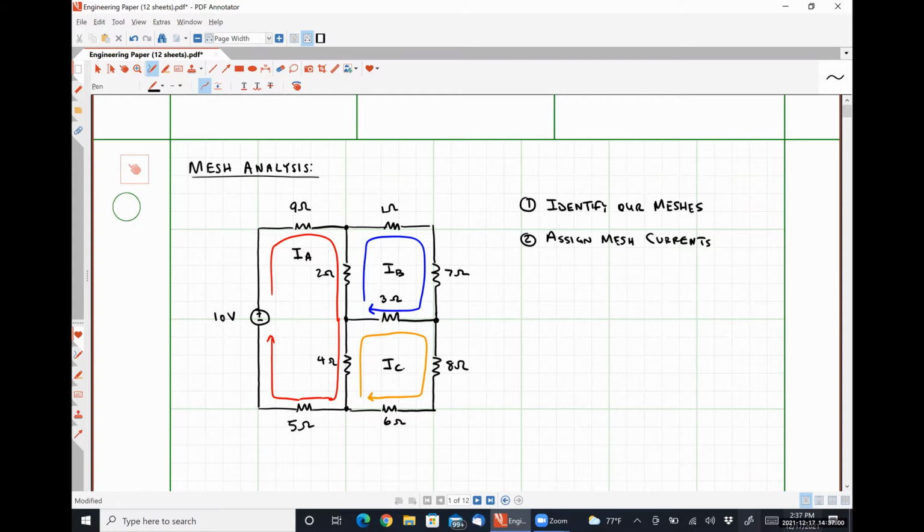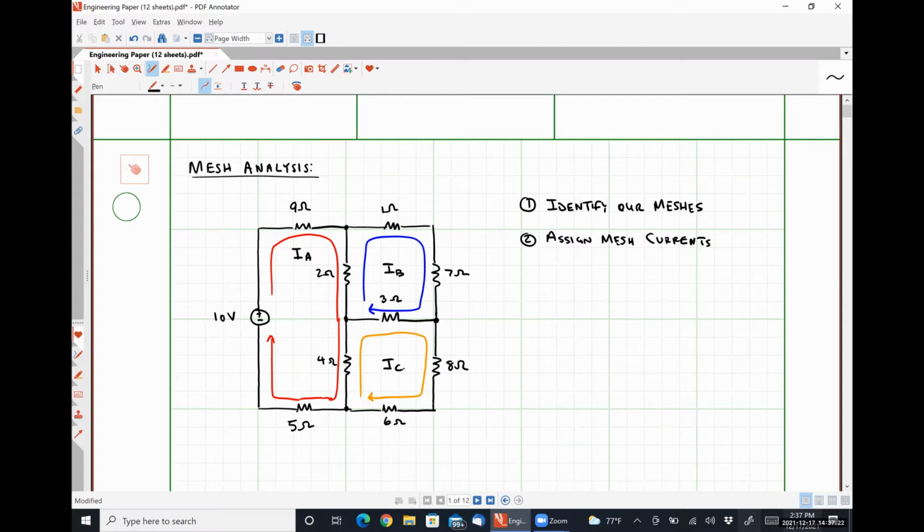I always write my meshes such that the current flows clockwise around the path. There is nothing stopping you from writing your meshes flowing counterclockwise or some combination, so some clockwise, some counterclockwise.